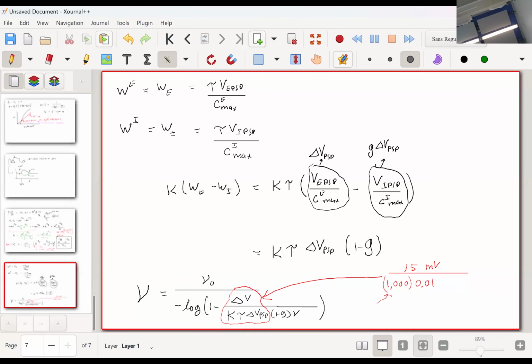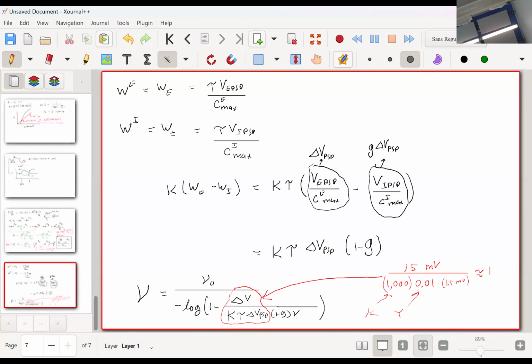So this is K, this is tau. And delta V PSP, CE max is less than 1, so just to make things really easy, we'll call it approximately 1.5 millivolts. So this is about 1, in units of actually hertz.